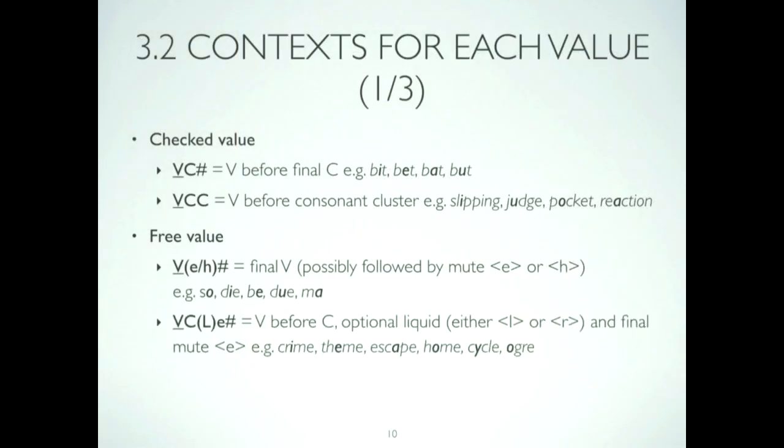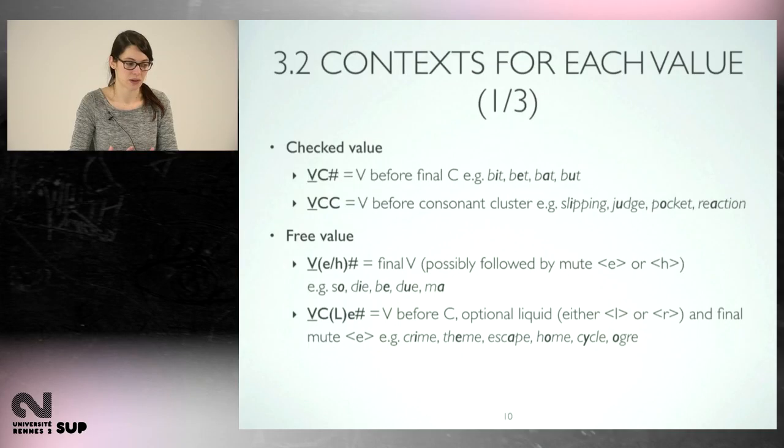Another possible context in which the free value is to be found is a context where the vowel is followed by a consonant, an optional liquid, so a liquid being either the L consonant or the R consonant, and a final mute E. Okay, so the liquid is optional.